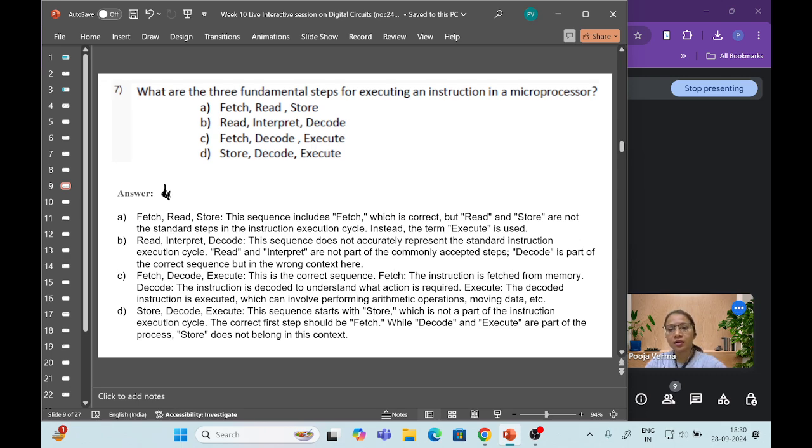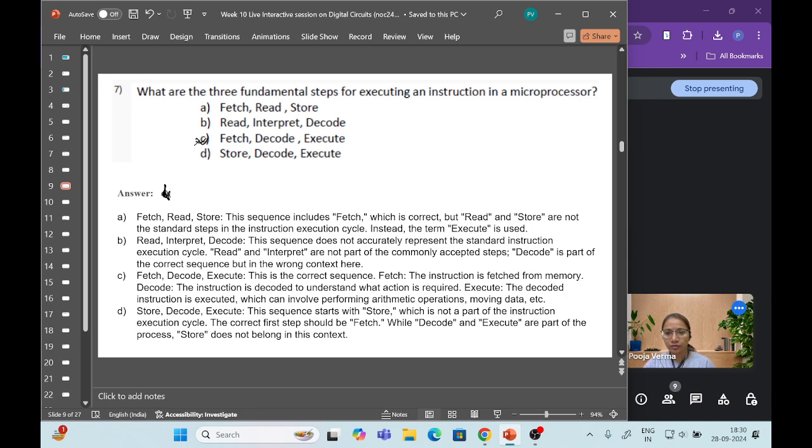This is the correct sequence. In the other options, fetch is correct, but then read is not right, we cannot read directly. We must decode the instruction, then we can execute. So option C is the correct answer, and in detail too I have written here. You can read it.